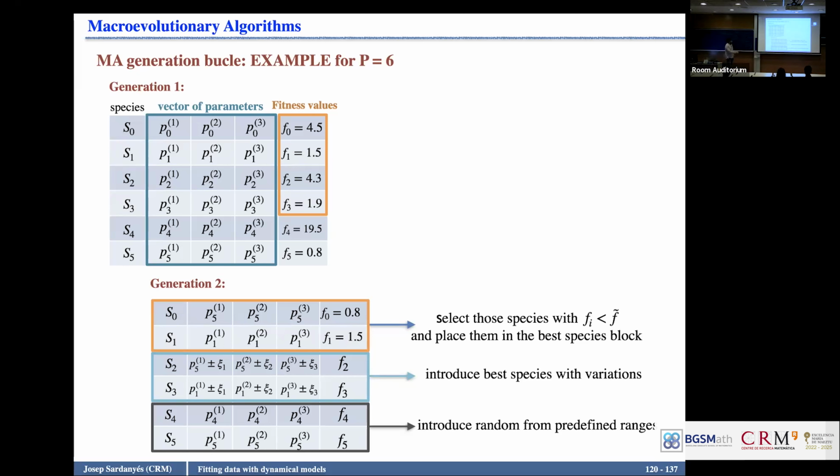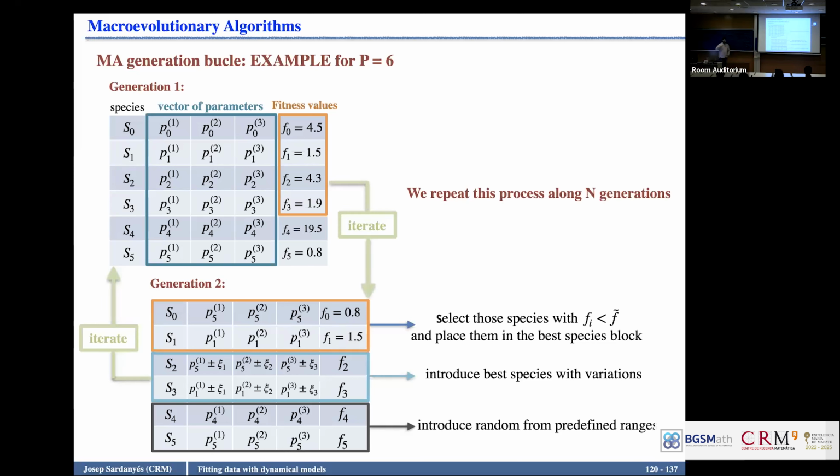Here I do the same. Then I take these values that were placed in this block and make some random mutations, and I get another fitness, and then completely random parameters. And I iterate, repeat.